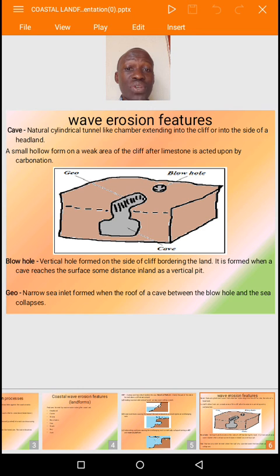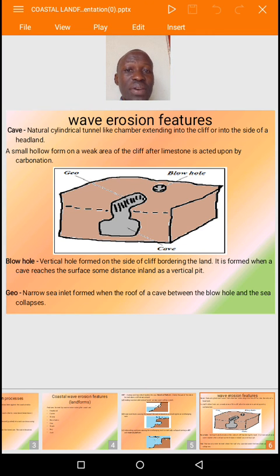That is a vertical hole formed on the side of the cliff bordering the land. It is formed when a cave reaches the surface some distance inland as a vertical pit. It is now entering the land. Before it was cylindrical, now it is entering.